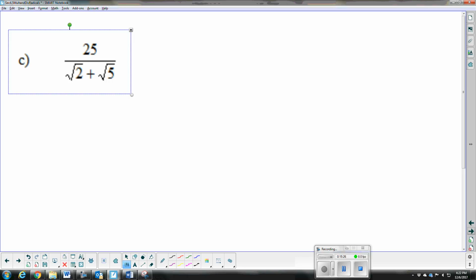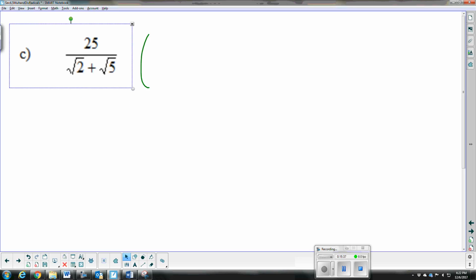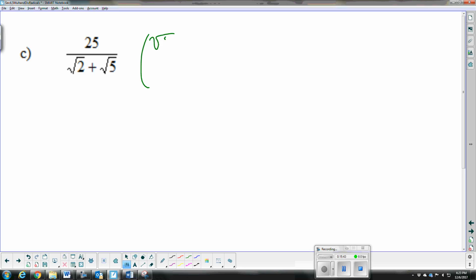So we need to multiply the numerator and denominator by the conjugate of that radical. So we're going to multiply by the square root of 2 minus the square root of 5 over the square root of 2 minus the square root of 5. And that's 1. That's the same number over itself, so we can do that.